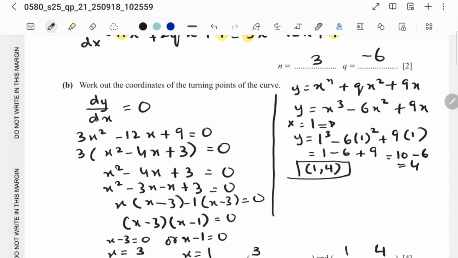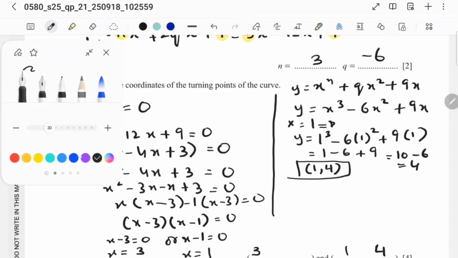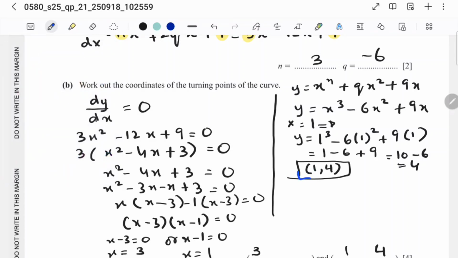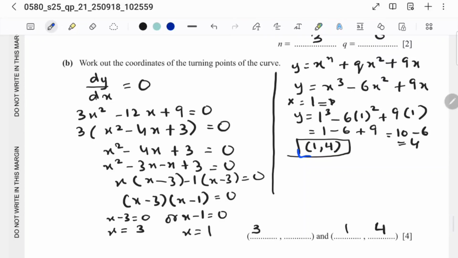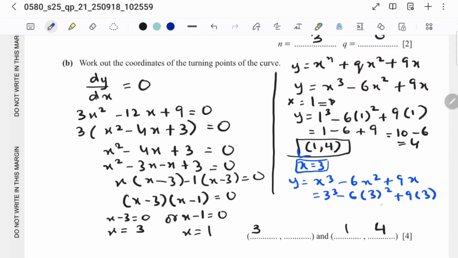Now the other coordinate. You are looking for the other coordinate. Now we are putting x equals 3 next in the main equation. y equals x cubed minus 6x squared plus 9x. So 3 cubed minus 6 times 3 squared plus 9 times 3: 27, and 9 sixes are 54, 9 threes are 27.